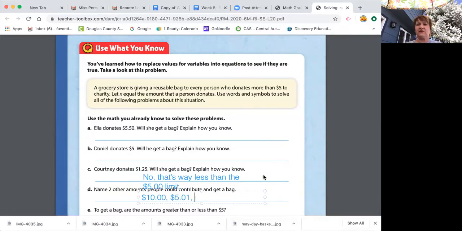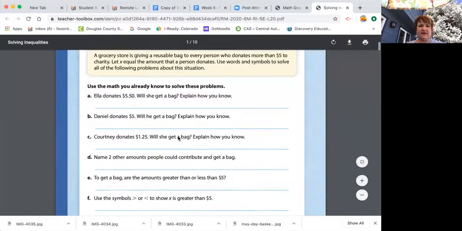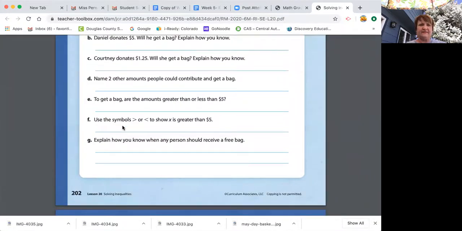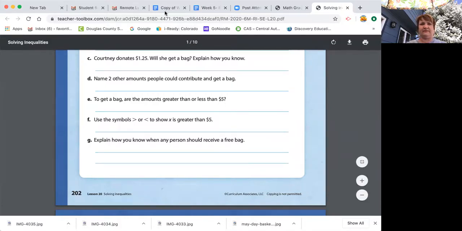And I think that's what it's trying to get to here for your understanding of inequalities. Now, let's see. To get a bag, are the amounts greater than or less than $5? Okay, well, I think you guys got that one down, right? So let's see.